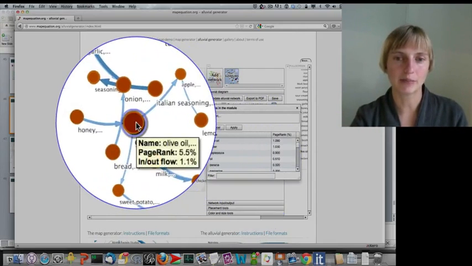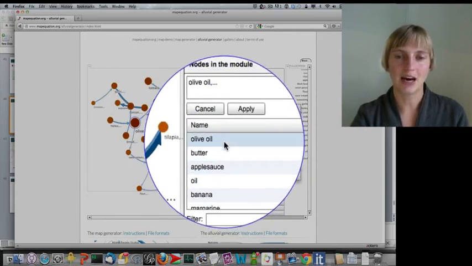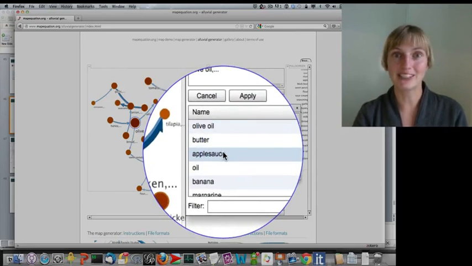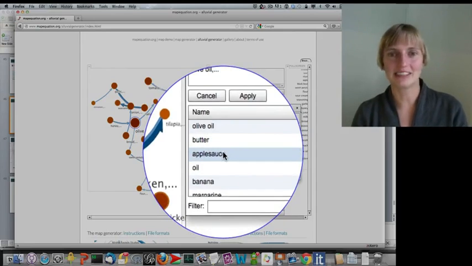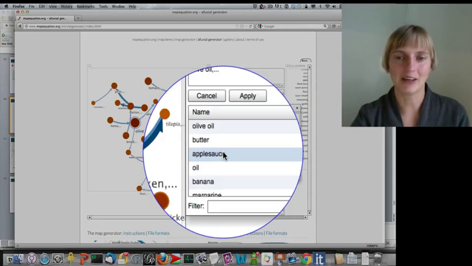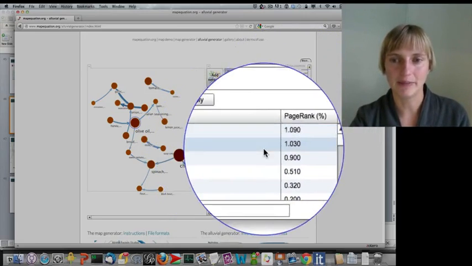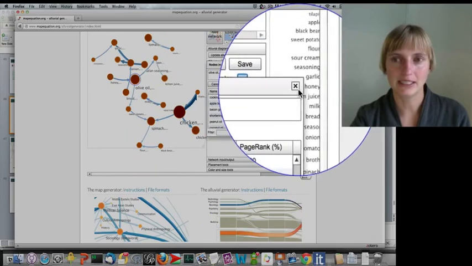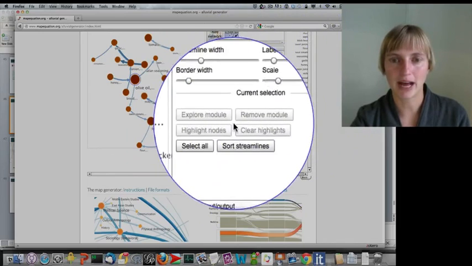We can also, for example, look at olive oil and find olive oil substituted by butter, substituted by applesauce. I didn't know this until I was doing the research, but I guess applesauce is often a low-fat alternative that gets substituted in. Now, let me see if I can find a neat subgraph.